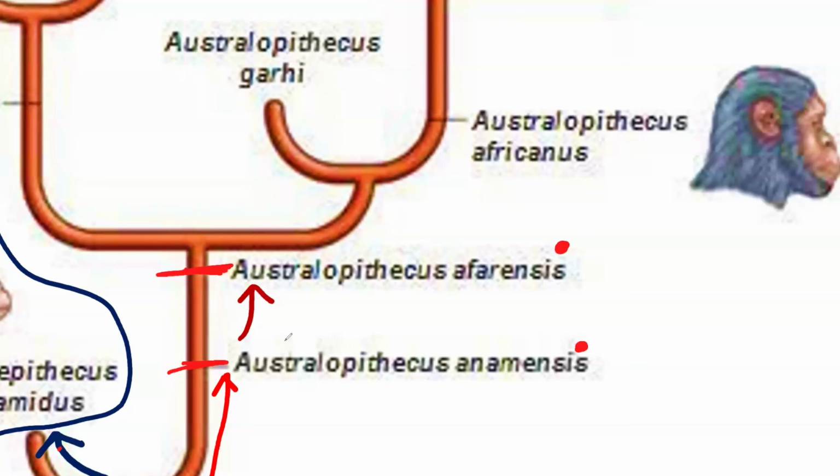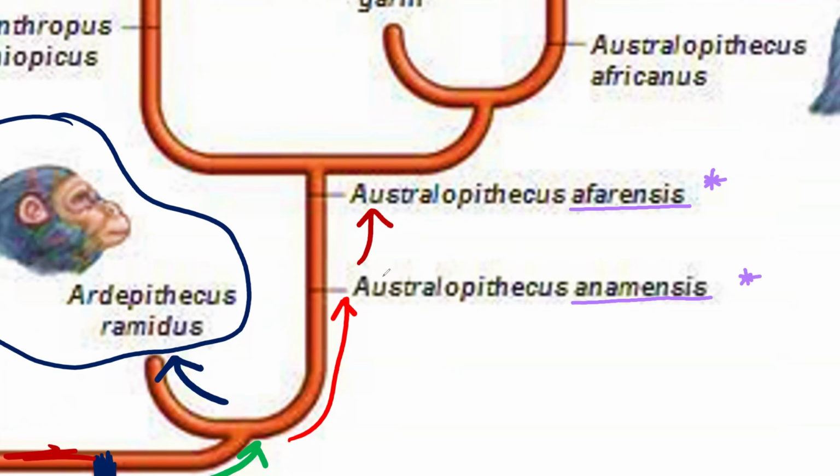What type of ancestor is Australopithecus anamensis to Australopithecus afarensis? Afarensis is here, and here is written anamensis. So I'm asking what is the relationship between Australopithecus afarensis and Australopithecus anamensis?